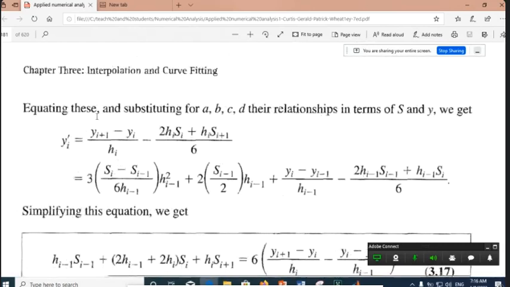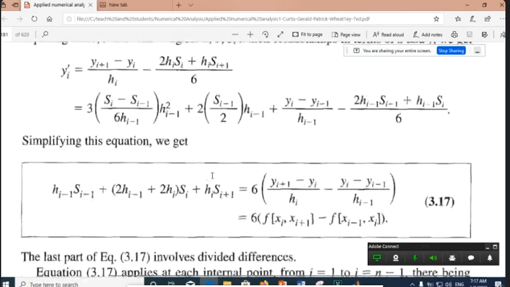Equating these and substituting for a, b, c, and d their relationships in terms of S and y, we get this g prime_i: (y_{i+1} minus y_i) divided by h_i minus this division, which is equal to this equation.